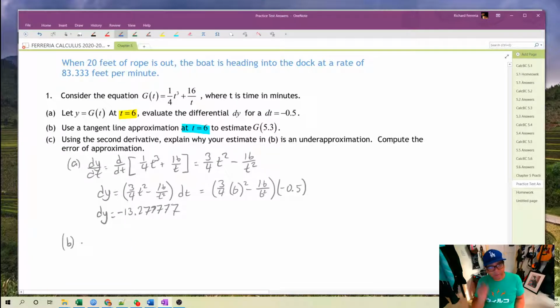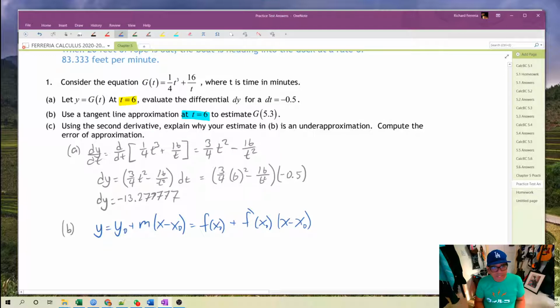A tangent line, and this is just the same thing as the point-slope form of the line, you would get y equals y naught plus m times (x minus x naught). In terms of calculus, that's going to be equal to f of x naught plus f prime of x naught for the slope, and then x minus x naught.